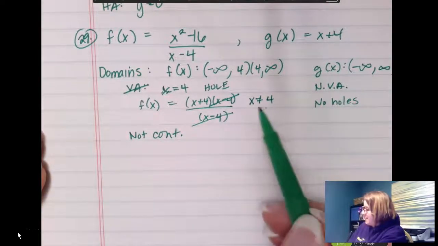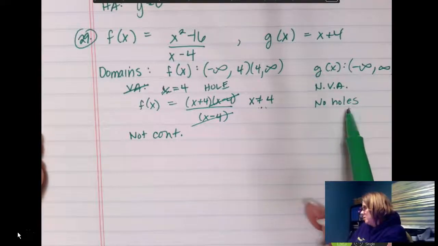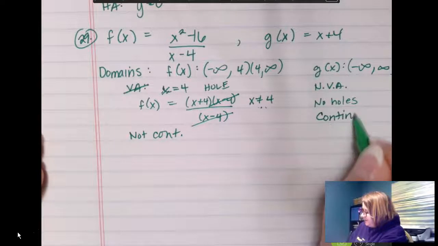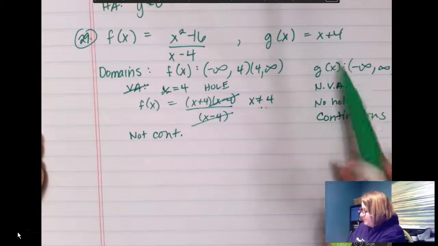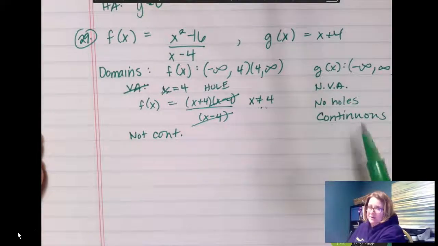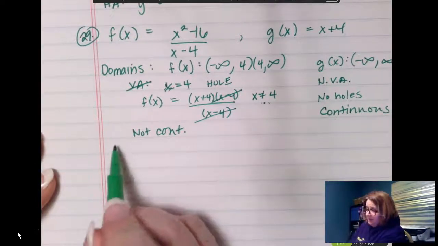It's just this one has a hole where x equals 4, this one has no holes, this is not continuous, this one's continuous, even though they're the exact same function in the end. The fact that f started out with some more to it, I guess, is what the difference is. So now we're going to complete the table.